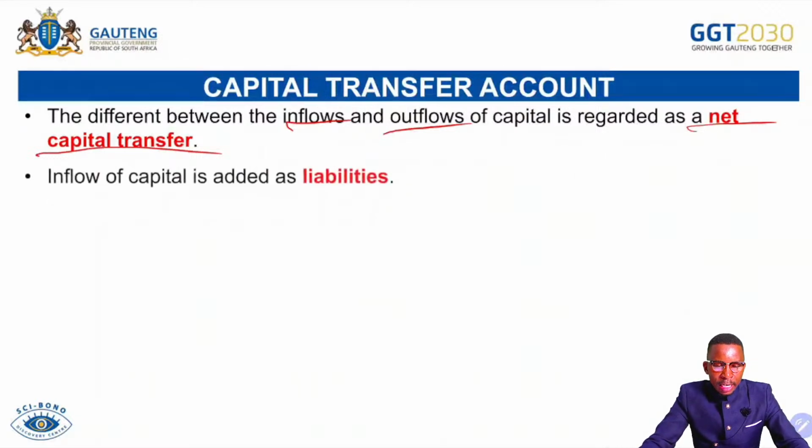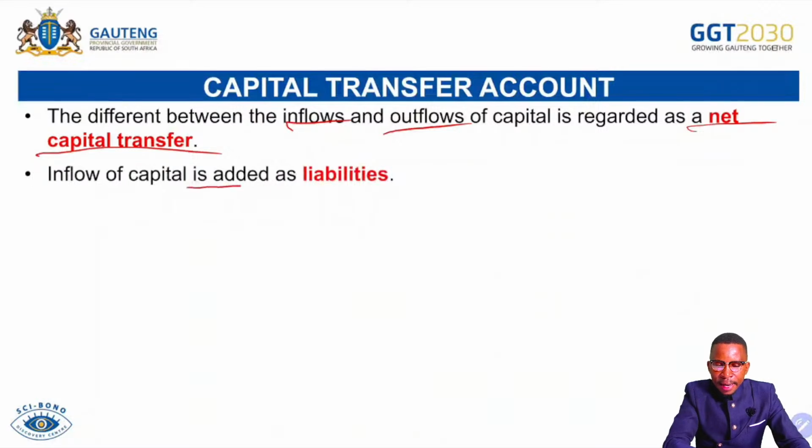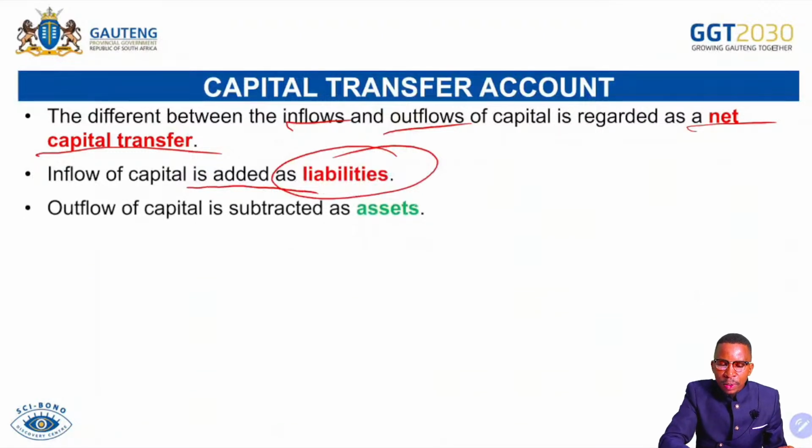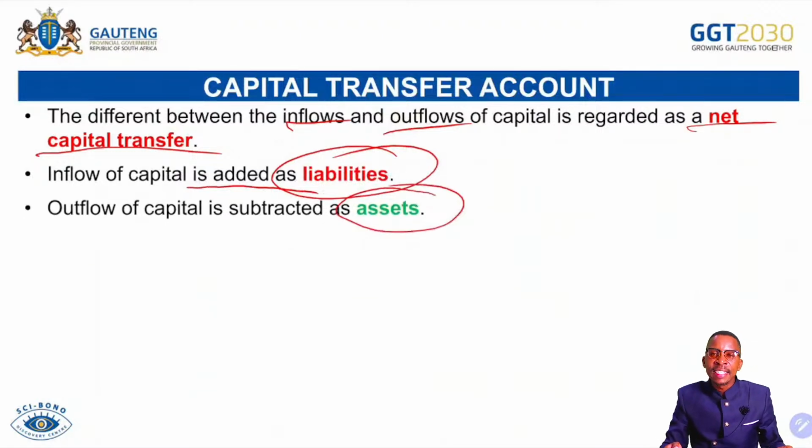So inflows of capital are added as a liability. Why is it a liability but added? It's added as a liability in BOP because any future benefit of this particular capital will be enjoyed back in the country of origin, not in South Africa. Outflows are subtracted as assets. Why as assets? Because any future benefit of these assets will be enjoyed back in South Africa.